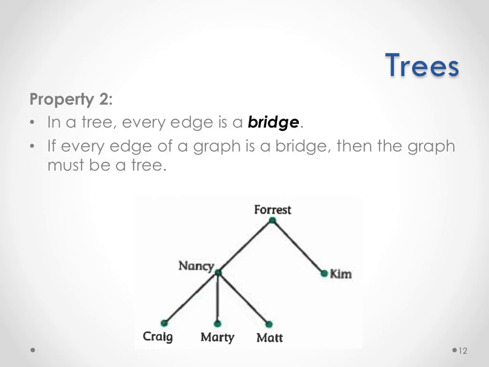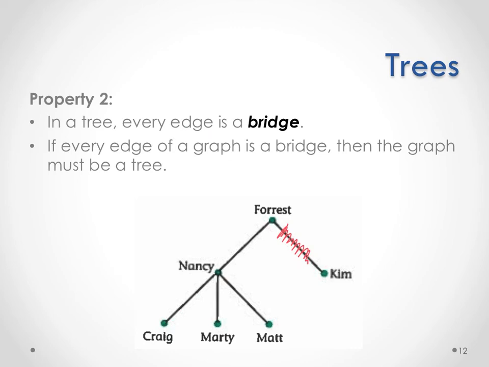Second property, every edge is a bridge. So every link is that special link that we've talked about in previous units called a bridge. If you remember, bridges, if you erase them, they create a disconnected graph.